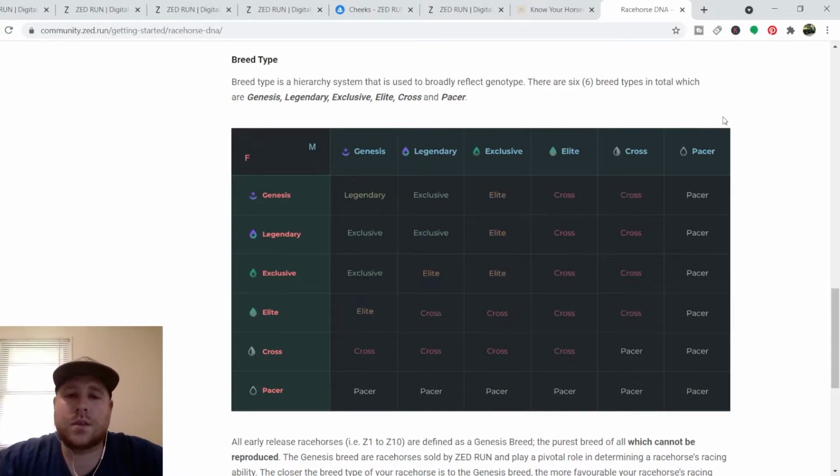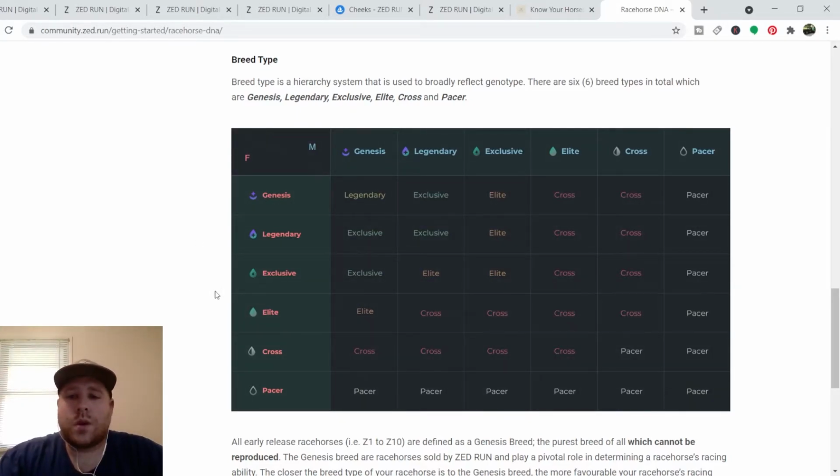Now this is a way to distinguish how close to the original bloodline it is. Also, there's an interesting mechanic here in Zed Run where the females at the exclusive level, when bred with a Genesis male, keep their status at whatever they are.